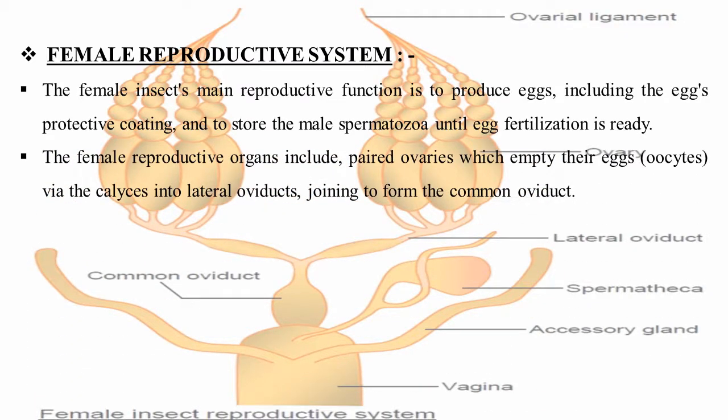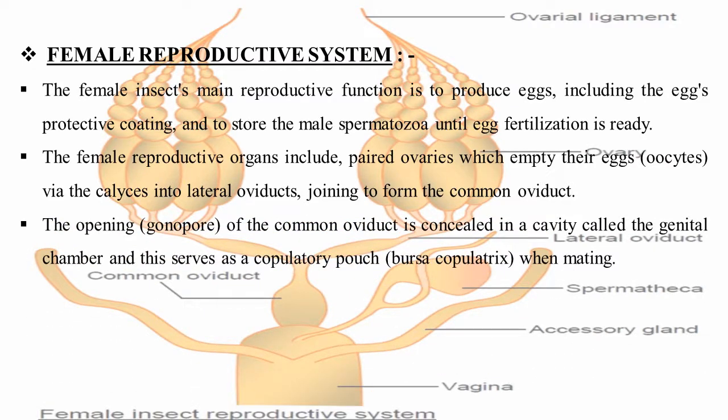The female reproductive organs include paired ovaries, which empty their eggs, oocytes, via the calyx into lateral oviducts joining to form the common oviduct.